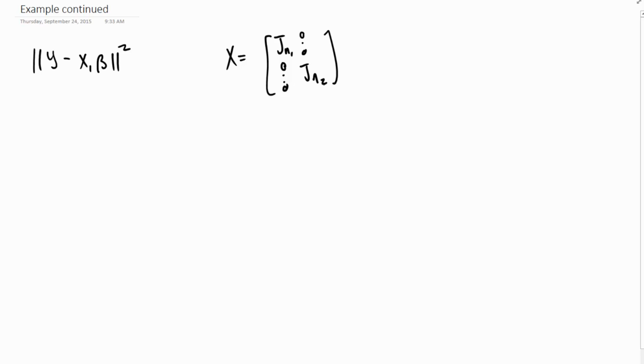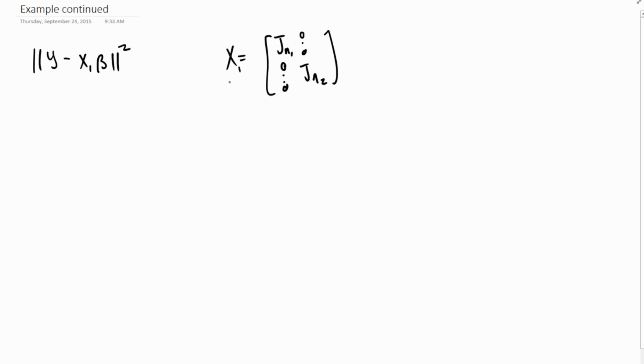Now, remember last time we were considering a setting where we wanted to minimize y minus x1 beta, where x1 was, let's say, j n1 and then a bunch of zeros, and then a bunch of zeros and j n2, where j is again a vector of ones.